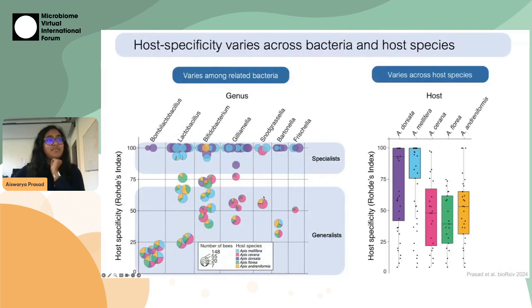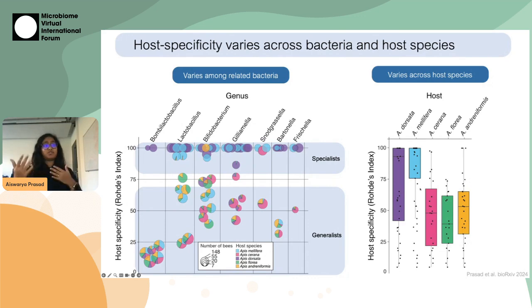One pattern we noticed, which is cool, is that among the different host species, we see several specialists in Apis dorsata and mellifera as compared to the others, which mostly share their members with one of these others.